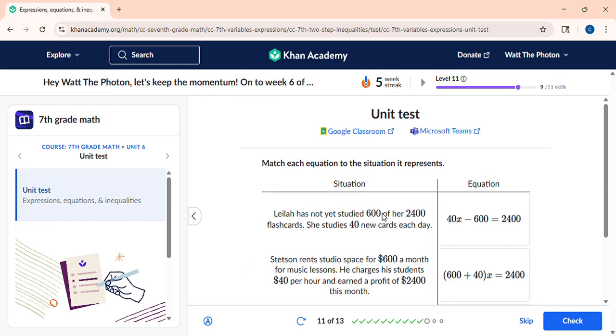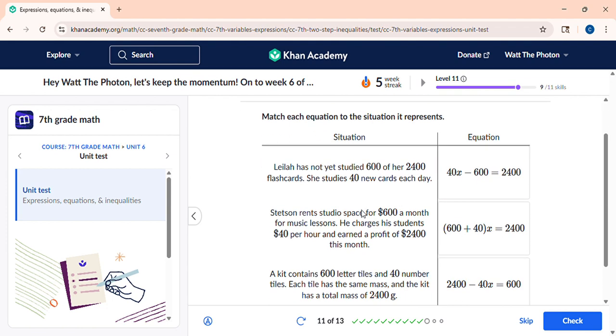So you have not studied for... That seems about right. Your entity is paid for $600 a month. He charges students $4 per hour.